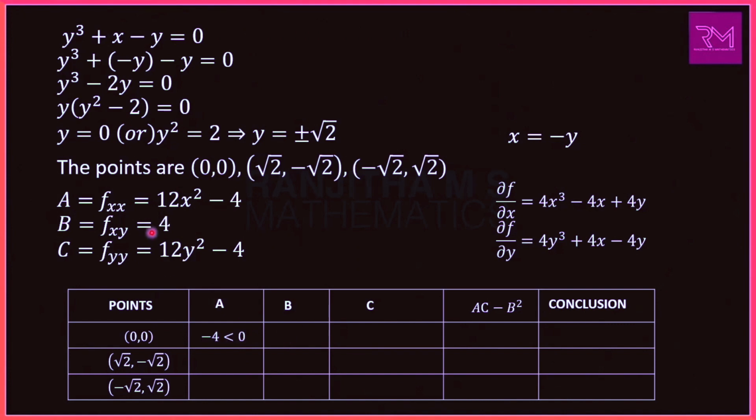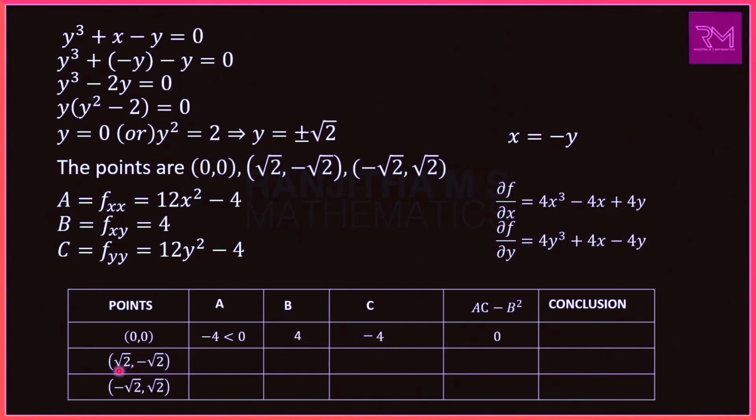B is 4. Here, no xy term, take B as it is, that is 4. For C, substitute y value as 0, that becomes C is minus 4. Hence, AC minus B square: A is minus 4, C is minus 4, so 4 into 4 is 16, minus B square is 4 square, which is 16. 16 minus 16 is 0.